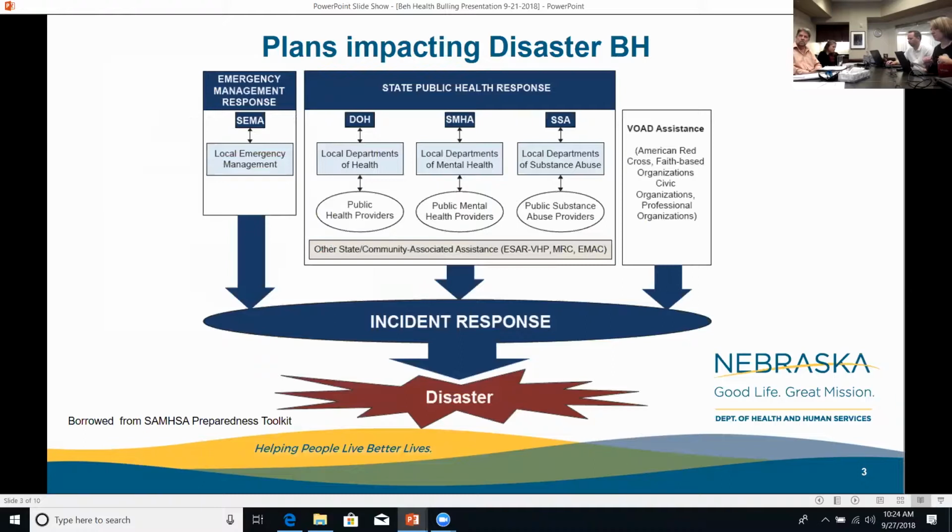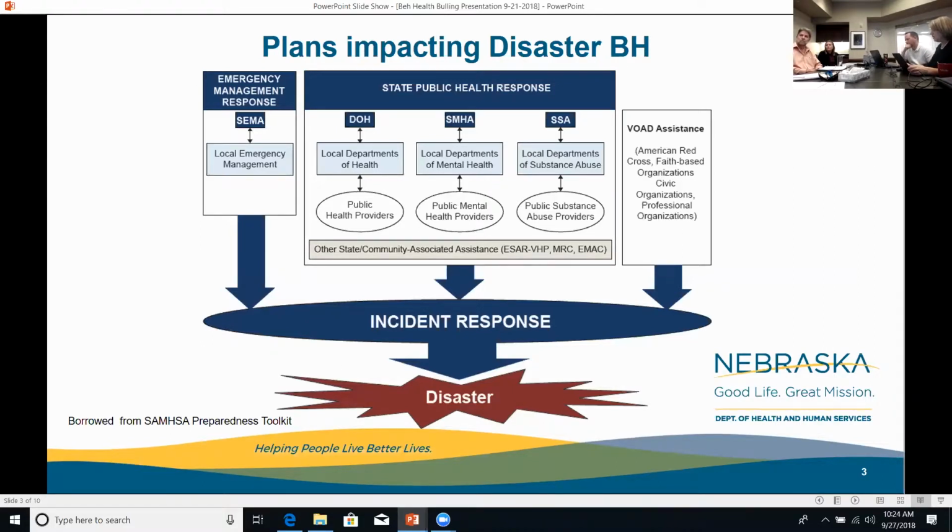Organizing the behavioral health function is similar to and highly related to the organization of public health and medical response. Now, there are often multiple organizations responding to a disaster, and they each have their own behavioral health teams. So this can get confusing. We know that emergency management is the activation point after disaster for most disasters, except for a public health disaster.